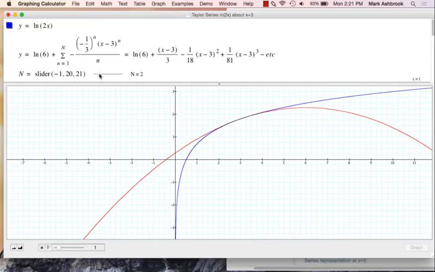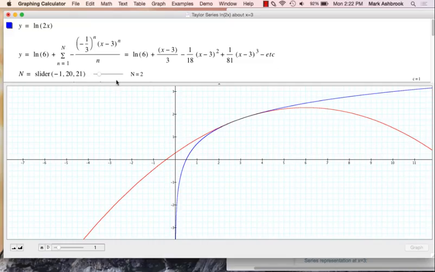The blue one is the function, the actual ln of 2x. The red one is our partial sum, the first 3 sums. And so you see now it's curved, the first 2 derivatives are correct, and it's starting to really hover around 3. It's starting to do a really good job hovering on the curve there. You can't really see any daylight for a pretty good range there.